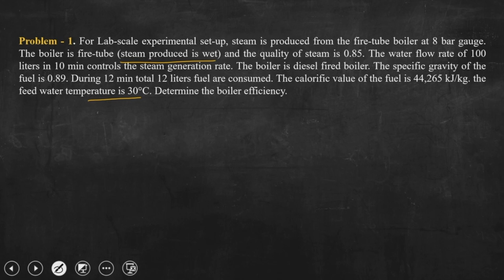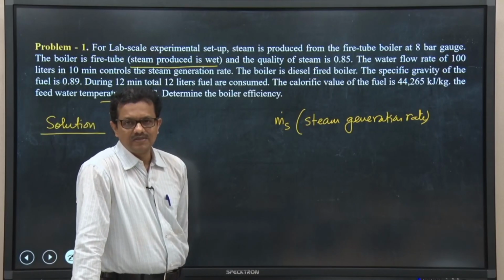So, let us quickly draw. This is the solution. We can start now. Solution. Let us quickly write what is the mass flow rate of steam. So, m dot s, that is steam generation rate. We have discussed in one of the previous classes about the boiler efficiency.